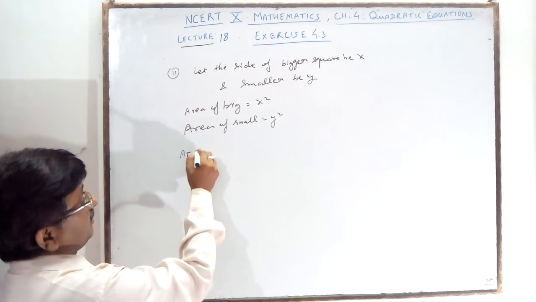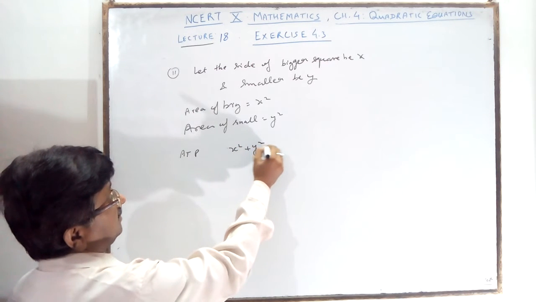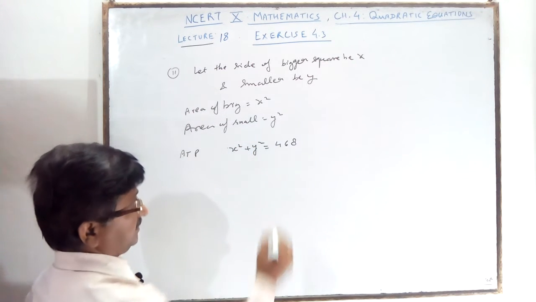So according to the problem, it is given that the area of the big square plus the area of the small square is equal to 468.